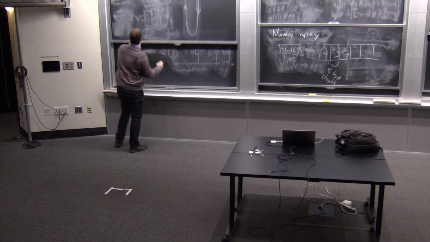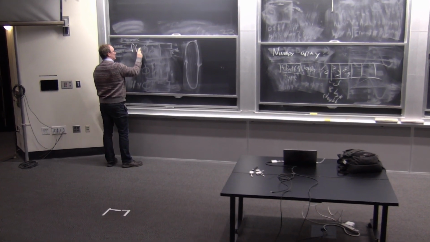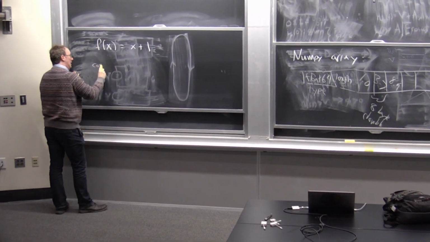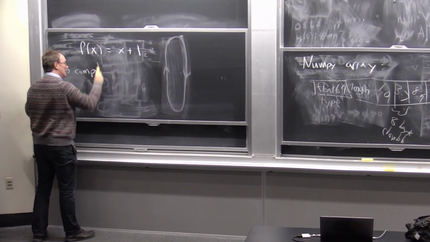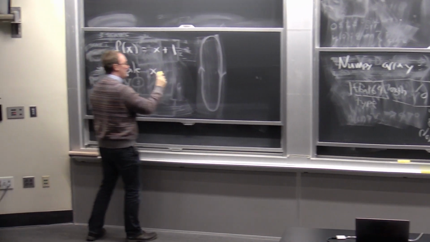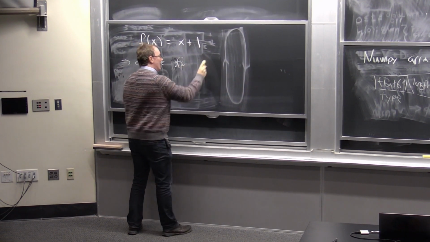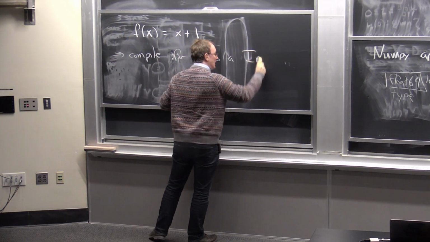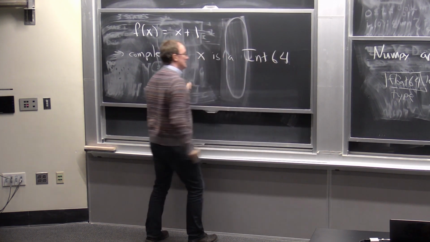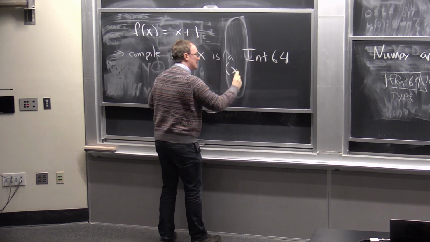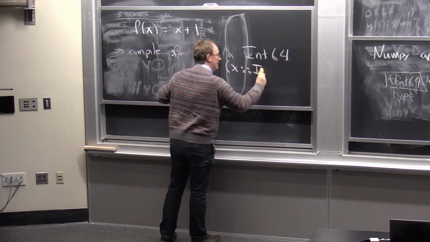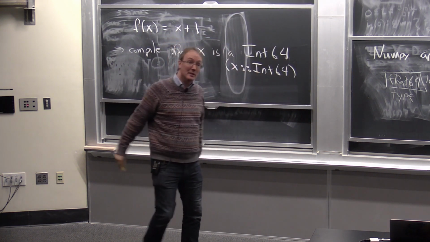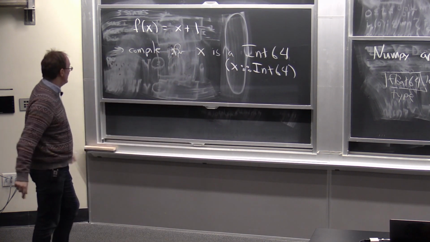So let's think about what had to happen there. If you have f of x equals x plus 1, you want to compile for x being an Int64, a 64-bit integer, or in Julia we'd say x::Int64. The :: means this is of this type.